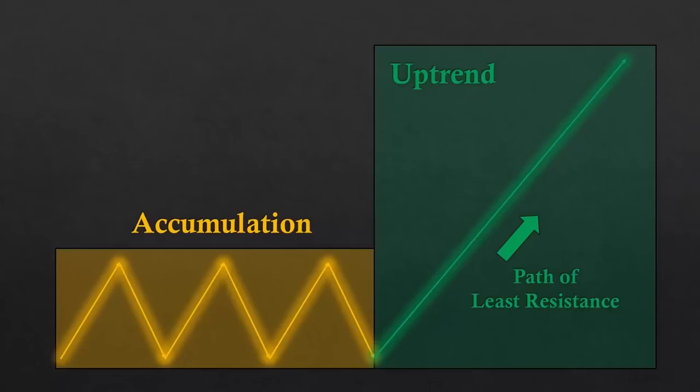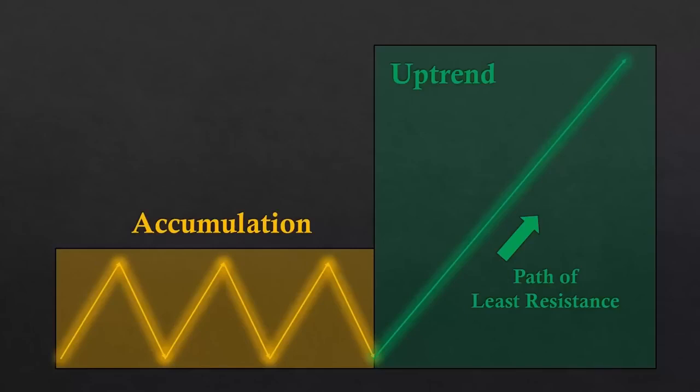When there is sufficient accumulation, the path of least resistance is to the upside. Note that the expression path of least resistance simply means the easiest path. When there is too much demand and not a lot of supply, the easiest path the price can take is up. That is what creates an uptrend after an accumulation phase according to the Wyckoff methodology.